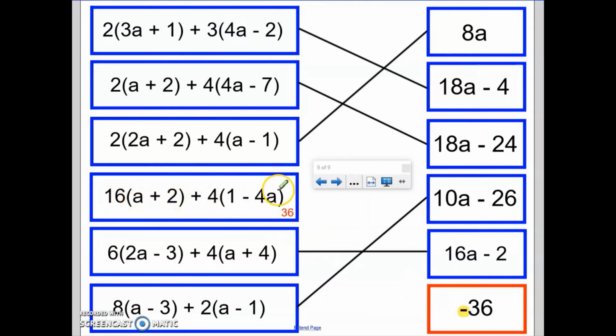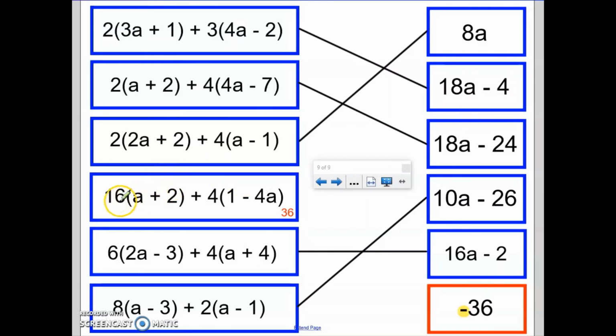So when we expand and simplify this bracket, we should end up with 36, because we would end up with 16 times a is 16a. But over here, we'd have 4 times minus 4a, which is negative 16a. So they would actually cancel out.